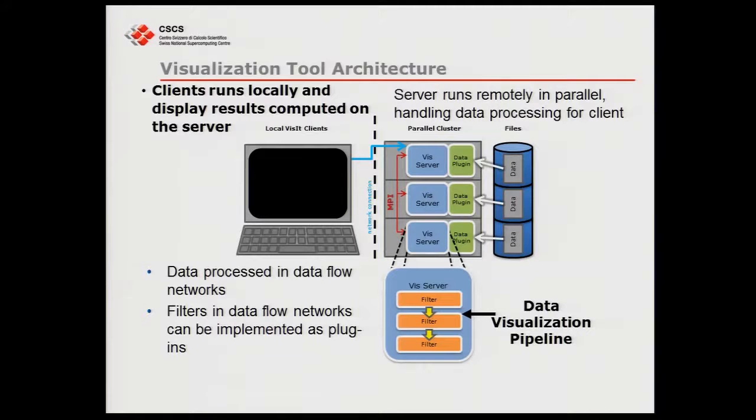Here's how it looks. The simulation has its data. The visualization server, so the engine server of VisIt, is embedded into the MPI tasks. And now the visualization pipeline can be implemented on that data in memory.